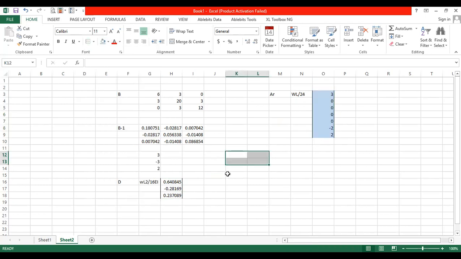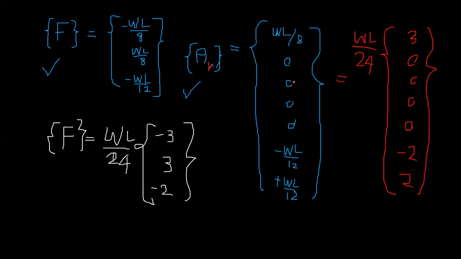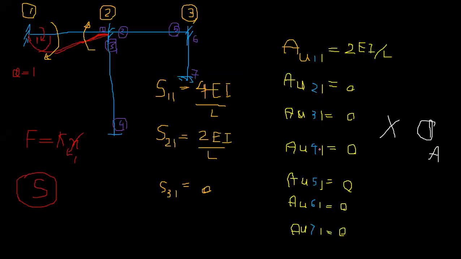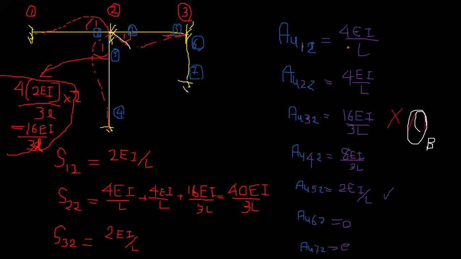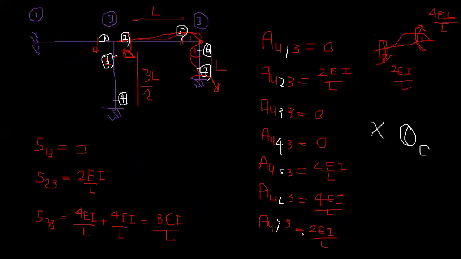Right? Displacement matrix. So then the action unit matrix. So my action unit will be, so first this is the first column, this is the second column, this is the third column, right?